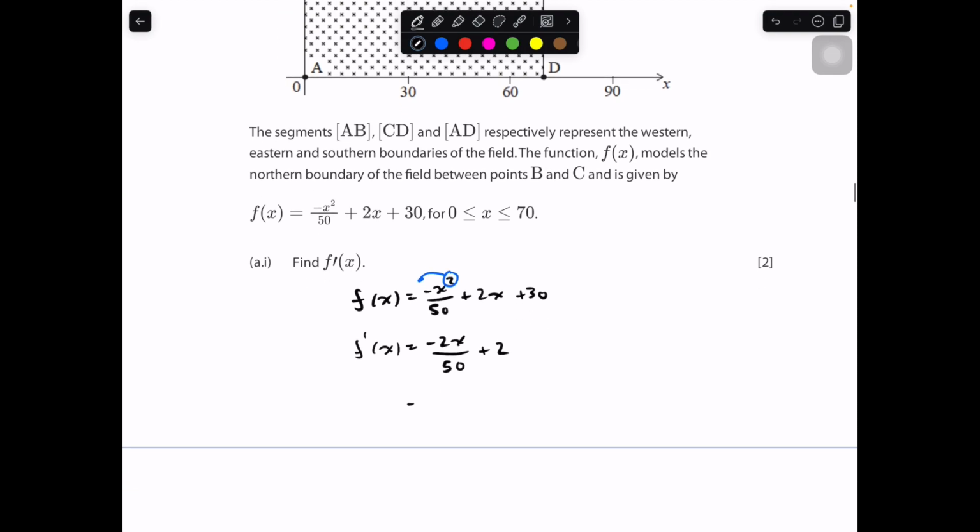If we wanted to clean this up a little, we could write this as negative x over 25 plus 2. So once again, you can just take negative 2 over 50 and then convert that to a fraction if you want. You can write that as a decimal even if you want. 0.04, I suppose. Okay.